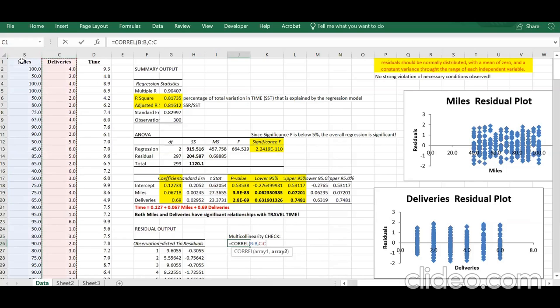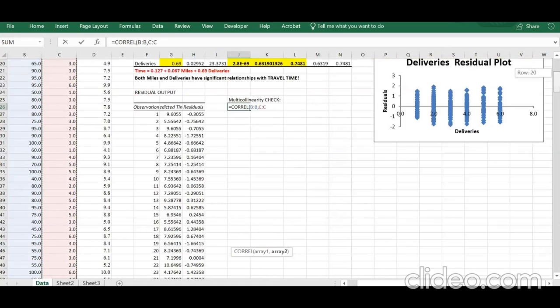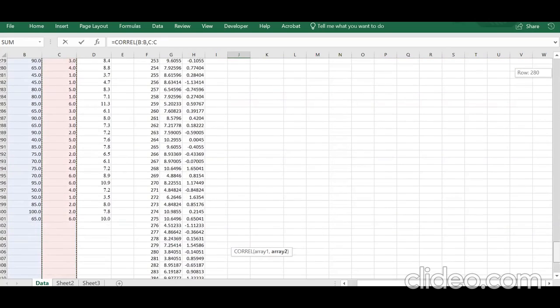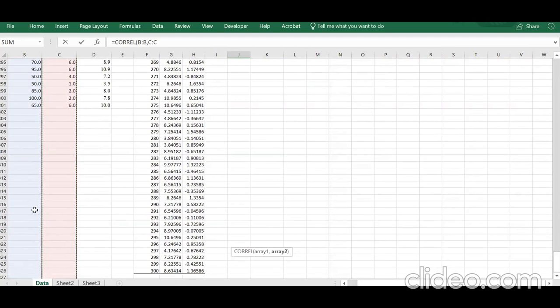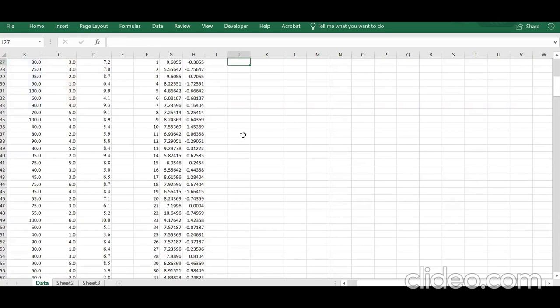If you want to go ahead and select the whole column, you need to make sure that there is nothing at the end of these columns, and that way it's going to ignore the rest of the column. If you have numbers at the end, you should make sure to select only the numerical values.